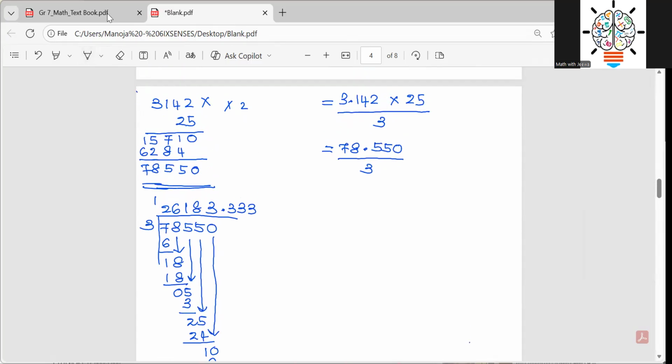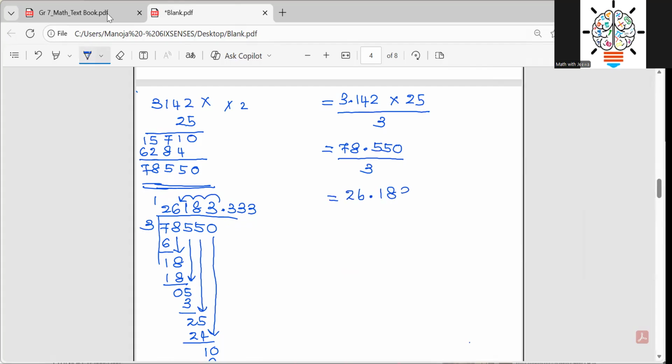How many decimal places should you keep here according to this question? 3. So then you want to move 1, 2, 3. So then this should be 26.18333. No need to get that because finally we are correcting this to the third significant figure.